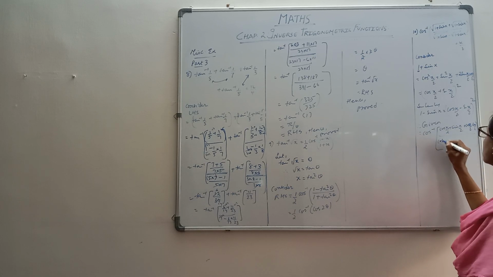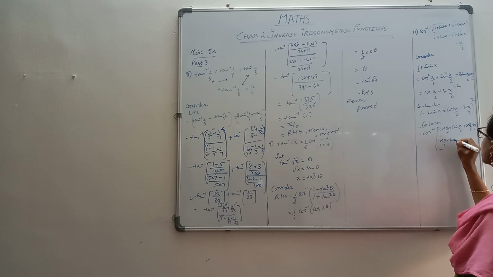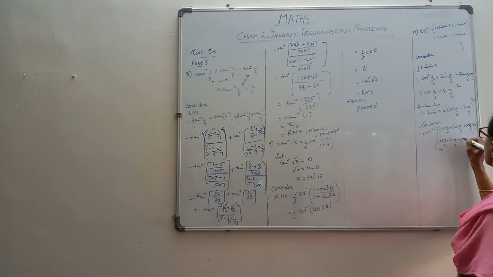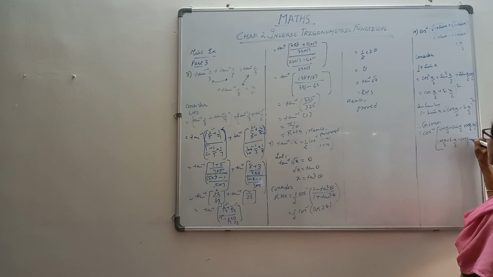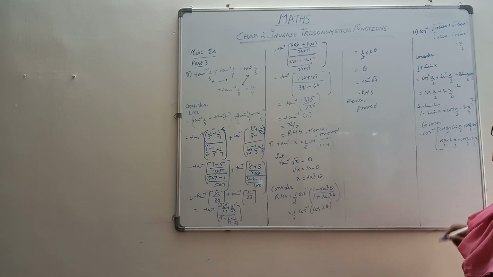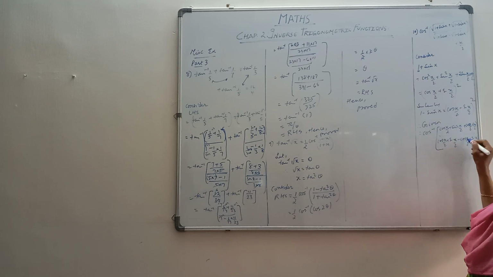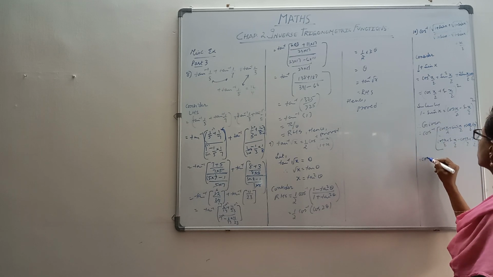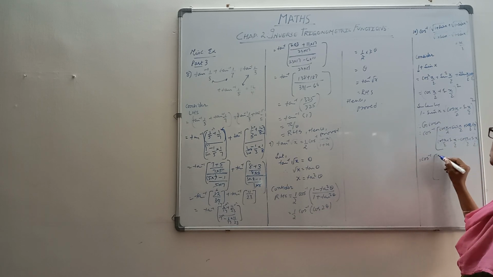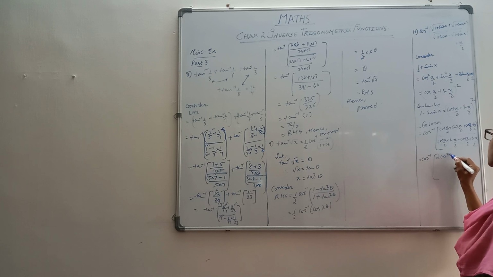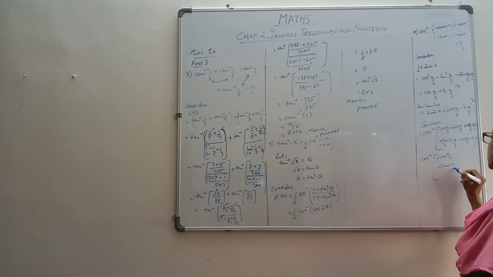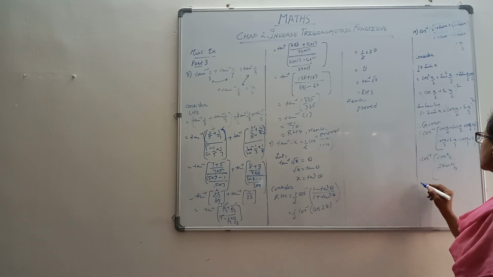Here, cos x by 2 plus sin x by 2 minus cos x by 2 plus sin x by 2. What will happen? Sin x by 2 cancel, cos x by 2 cancel. We get 2 cos x by 2 over 2 sin x by 2, the 2 cancels.